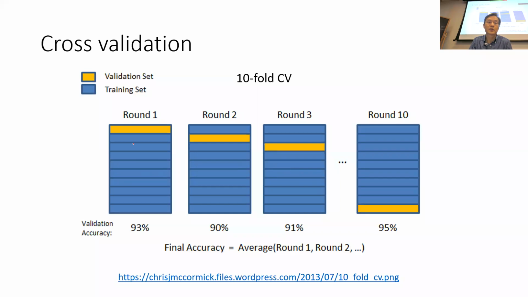In that case, it's yellow. So you use the remaining 90% of your training data to train the classifiers, and then use the leftover 10% of training data to test the trained classifiers. You do this one round and another round, using different fragments of this 10% of training data as a test. Then you find an average accuracy because you know the answer, right?